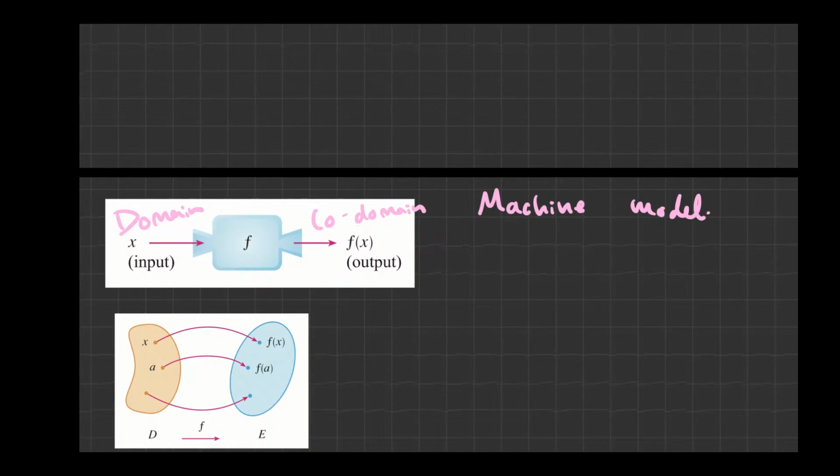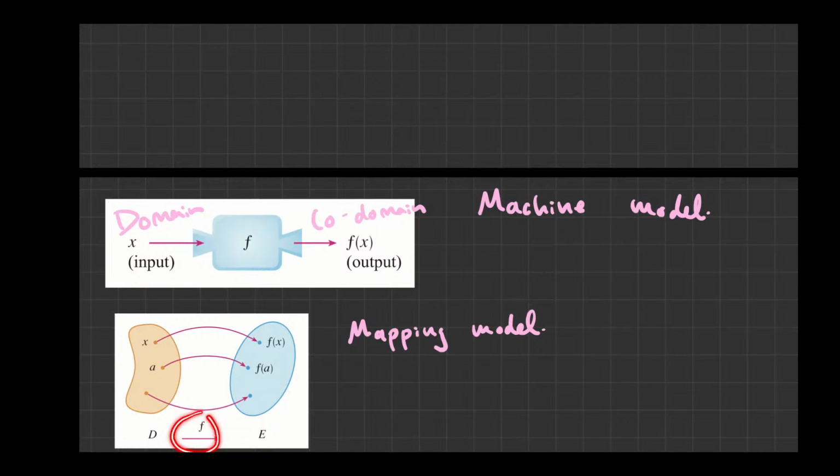This here is perhaps my favorite way of describing functions, with a mapping. So this is a mapping model. The idea here is that on the left, this is our domain. So these are all of the possible values that our function can take. And then the function is thought of as the arrow here.